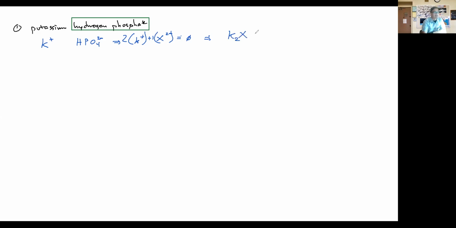Substituting the hydrogen phosphate back in, we have K2HPO4, and that, folks, is the formula for potassium hydrogen phosphate.